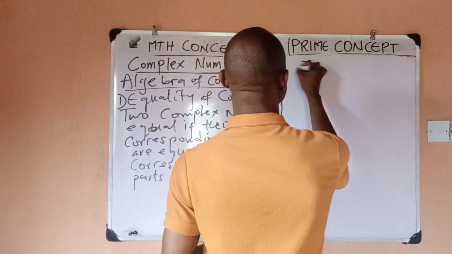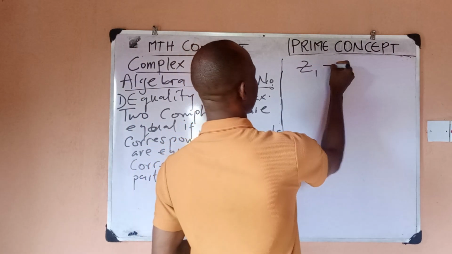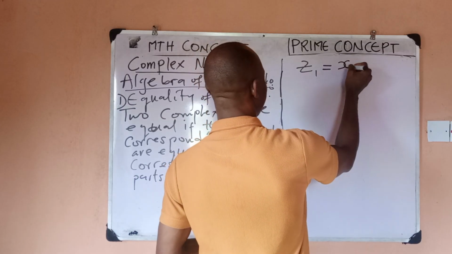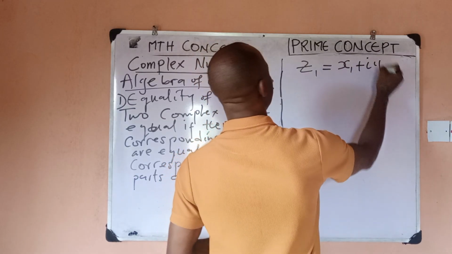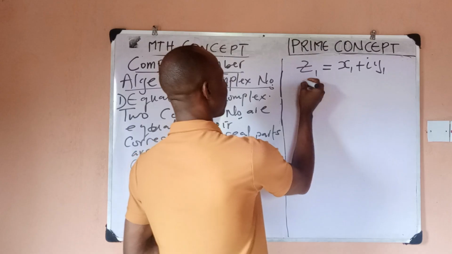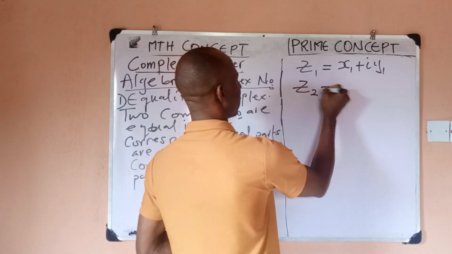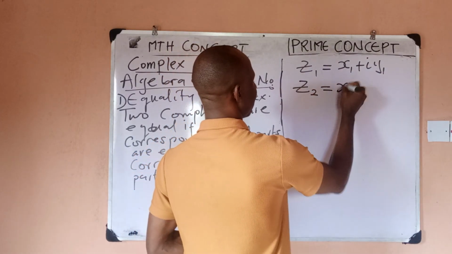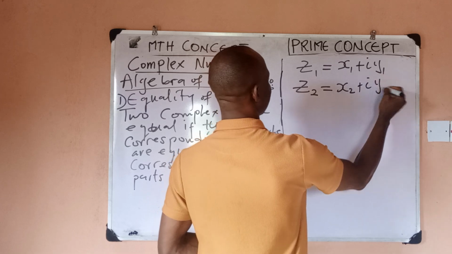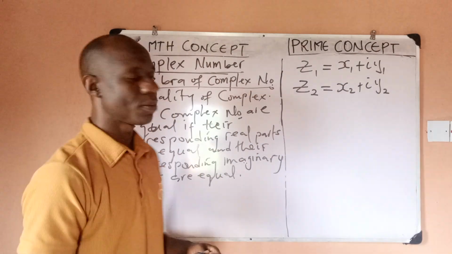Say we have z1, a complex number, and we decide that this is x1 plus iy1. Then we have another number z2, which is x2 plus iy2. These are two complex numbers.